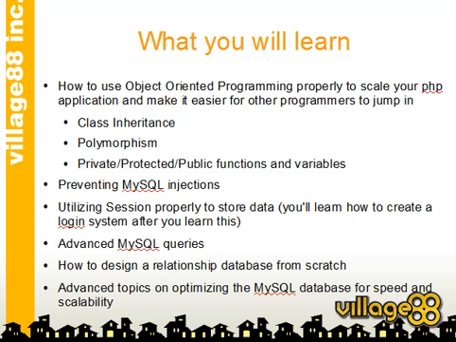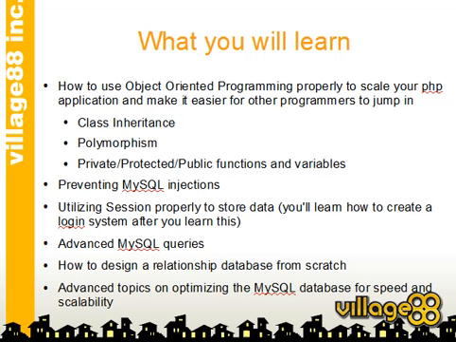One of the big things that we focus on in this course is object-oriented programming. That is one key thing that distinguishes an amateur programmer from a professional programmer. An amateur programmer doesn't really know how object-oriented programming works, and they just write the program from top to bottom, and it's very inefficient, especially when a project gets bigger and when other developers jump in.